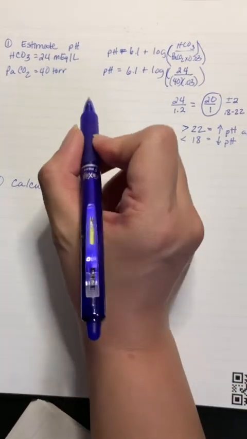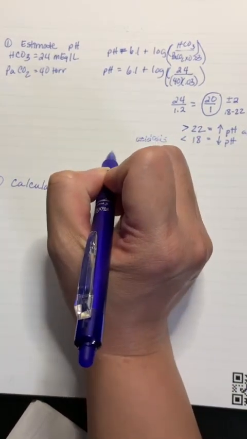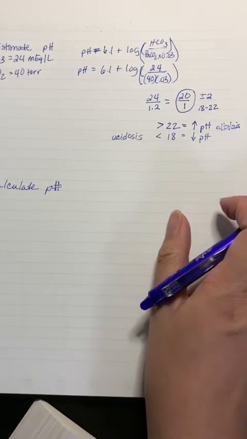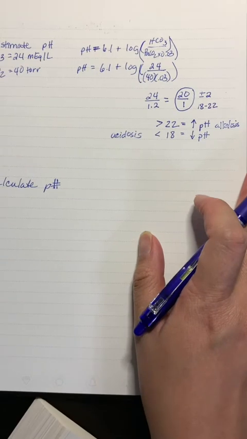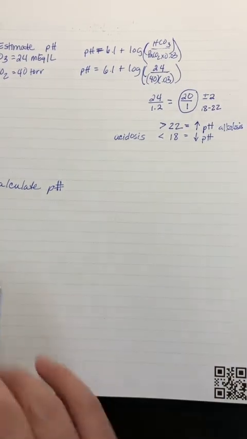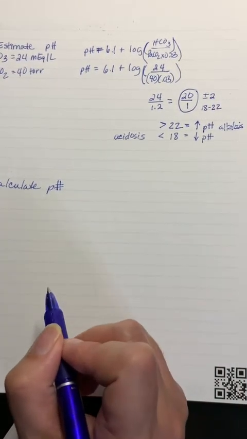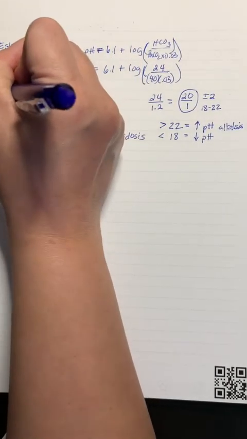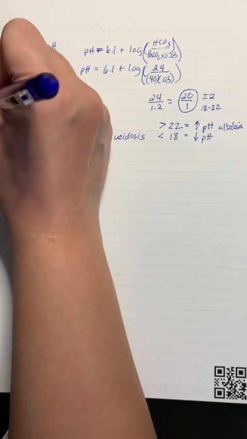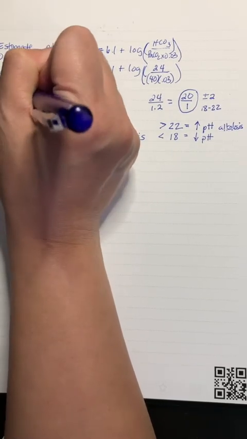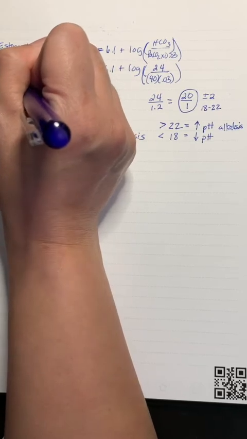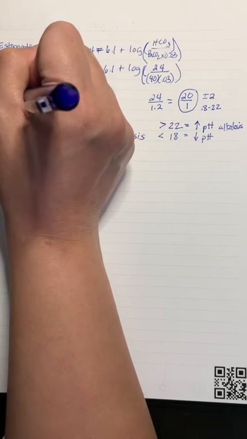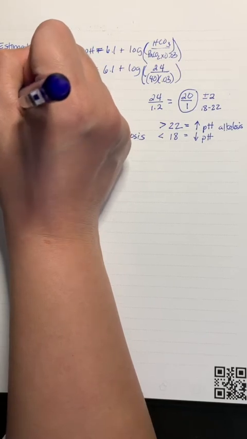So given any number, you can figure out if your pH is going to be acidotic or alkalotic. Let's just throw a number out there. Let's say we have an HCO3 of 33 and a PaCO2 of 30.